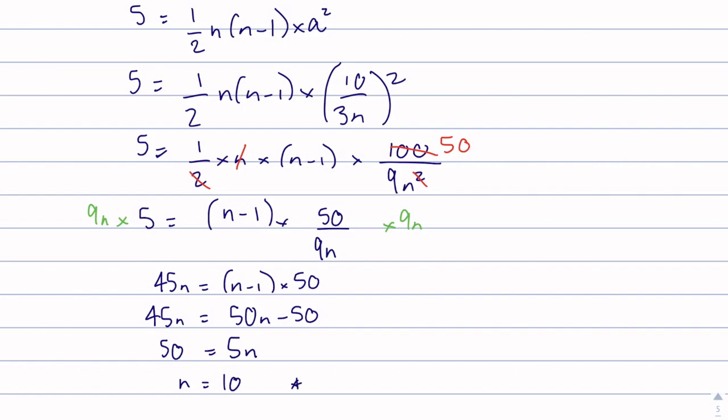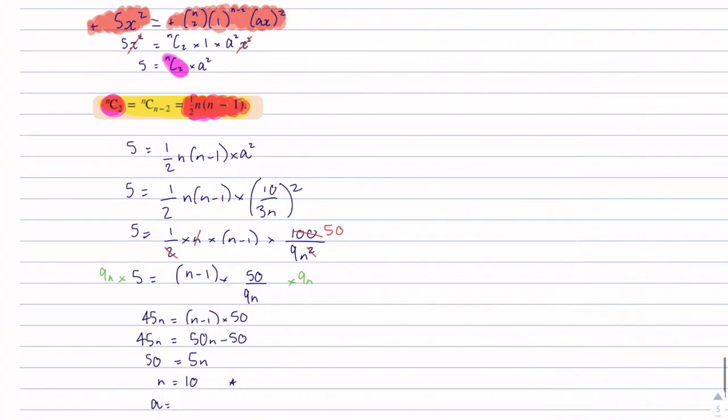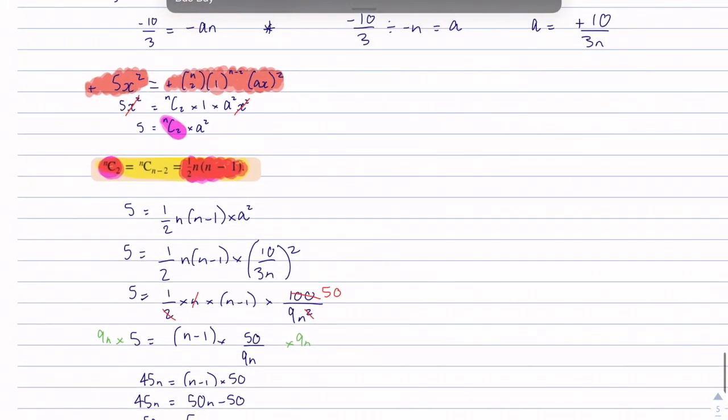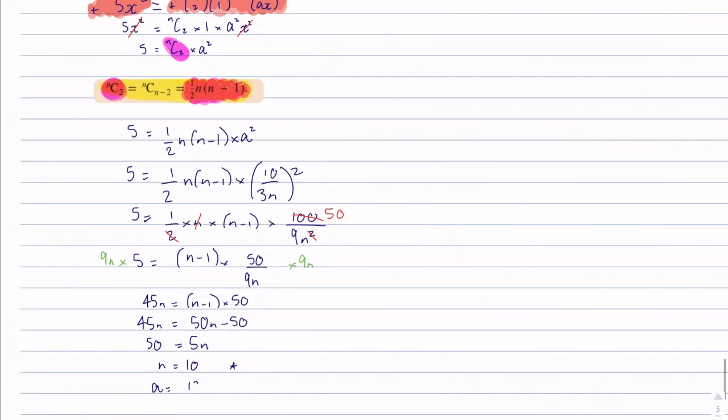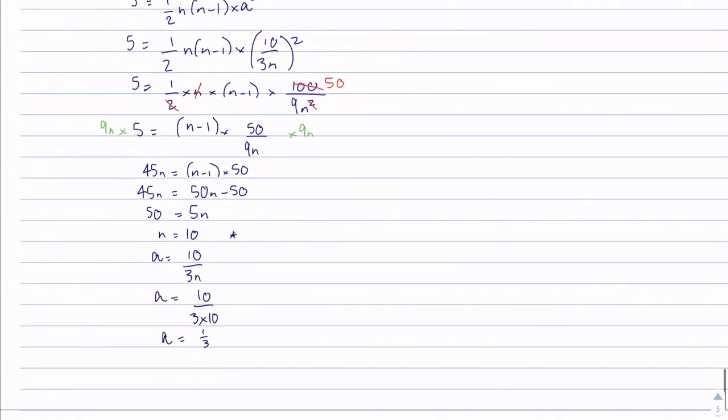Okay, sub that back into a equals 10 on 3n. So a equals 10 on 3 times 10. So a equals 1/3. n equals 10, a equals 1/3. Let me know if you find an easier way to do that.